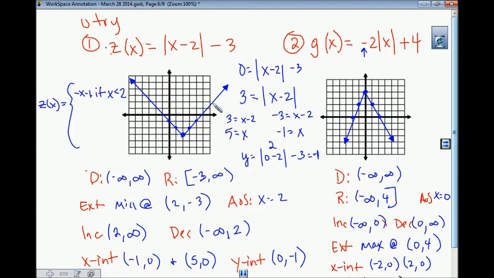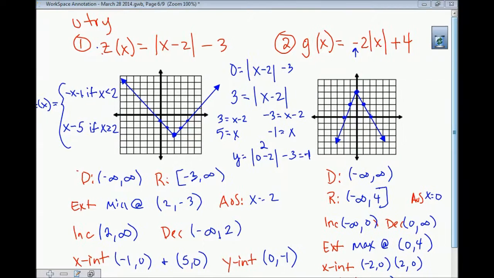Okay, what would this piece look like? X minus 5 if x is greater than or equal to 2. Great.